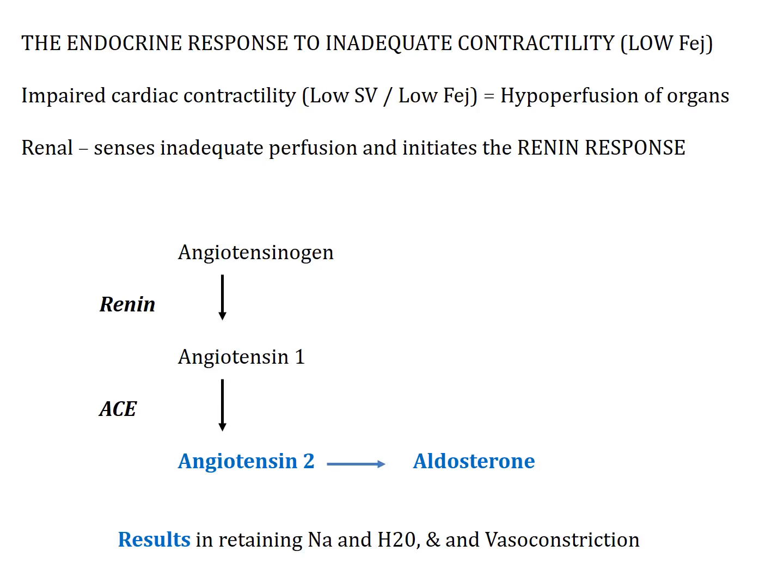That retaining of sodium and water and vasoconstriction is actually going to make cardiac contractility worse. And now we're going to be in a vicious cycle where impaired perfusion is going to lead to further activation of that renin-angiotensin system.